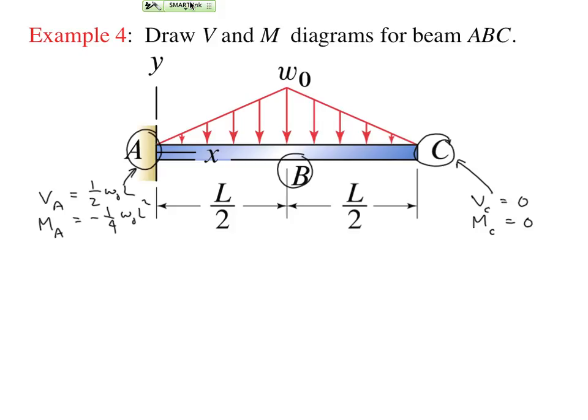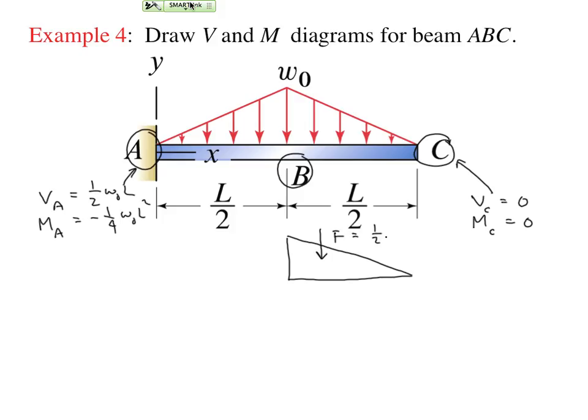We don't have any discrete forces at B, so what we can do is use a single free body diagram, either based on the left or the right-hand side, to figure out what's happening at B, and then we know we're going to get no jumps or discontinuities in V and M. So let's go ahead and choose a free body diagram based on the right-hand side, and we know we're going to have a net force here that is 1/2 the base times the height.